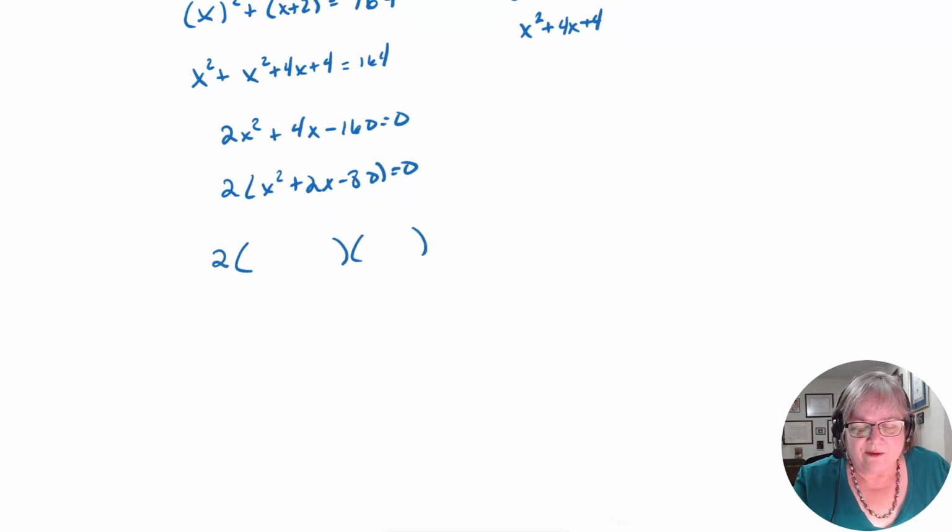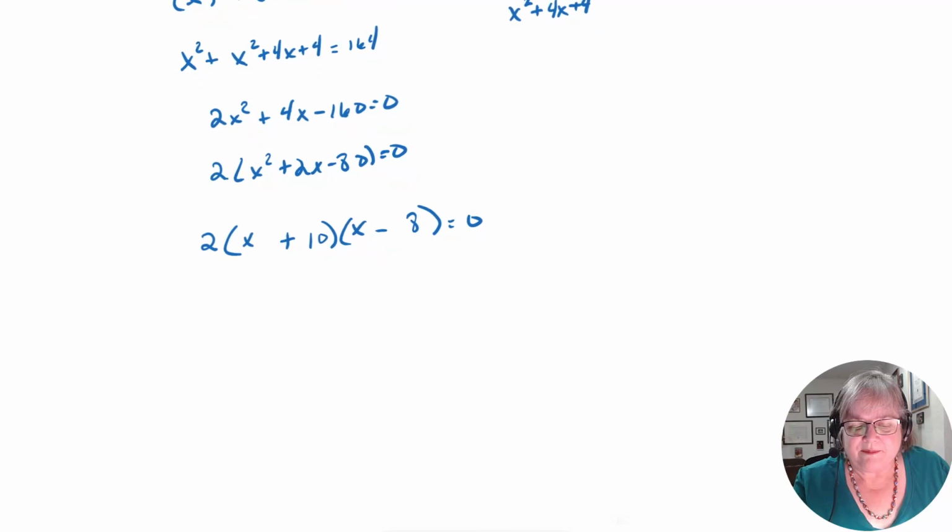And I have a lead coefficient of a 1. And I want to know what multiplies to negative 80 and adds to 2. Have you already figured it out? How about 10 and 8? So I'd want a plus 10 and a minus 8. But again, if you'd rather use completing the square, or you would rather use the quadratic formula or equation, that's fine. So 2 cannot be 0, because 2 is a 2.